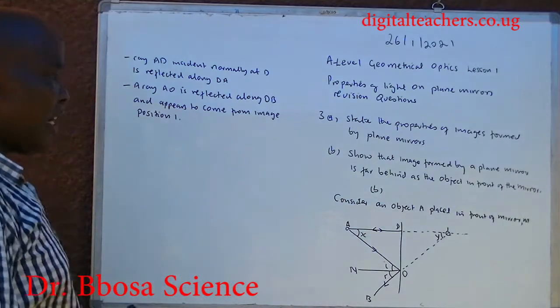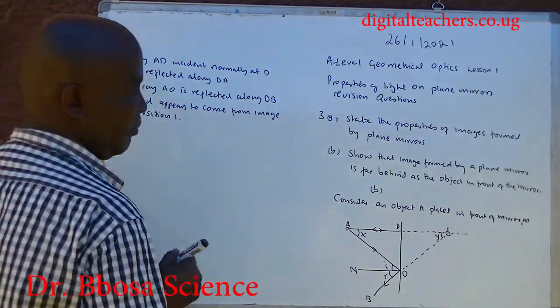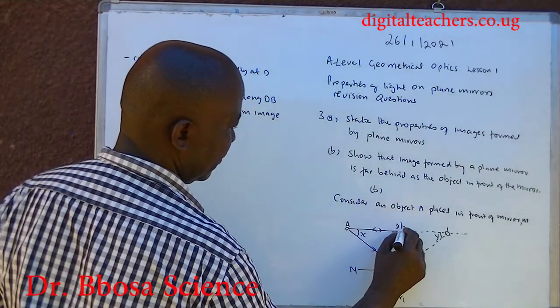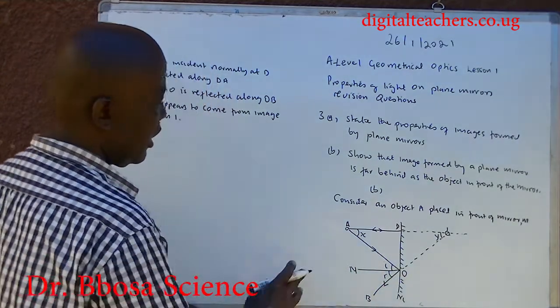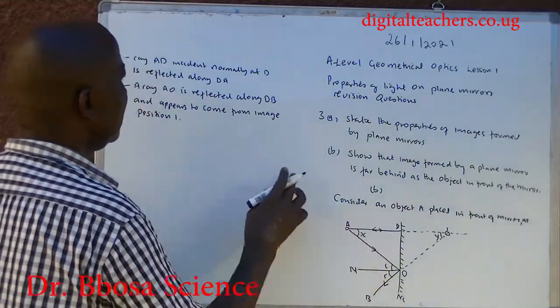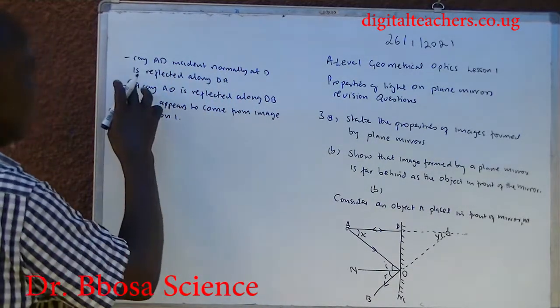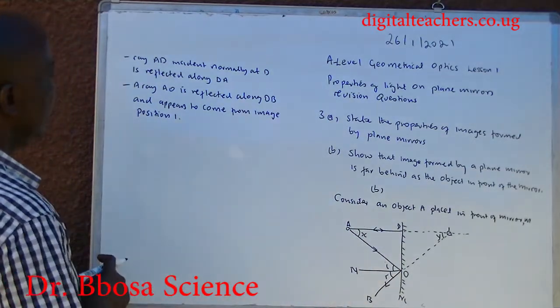B, consider an object A placed in front of the mirror M. Ray AD incident normally at D is reflected along DA.